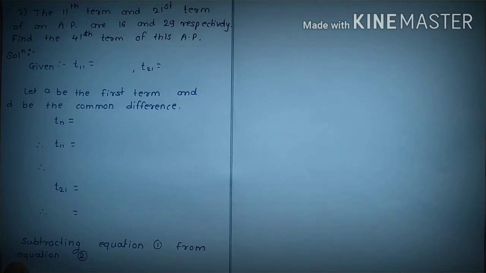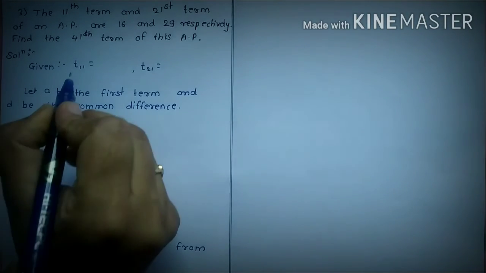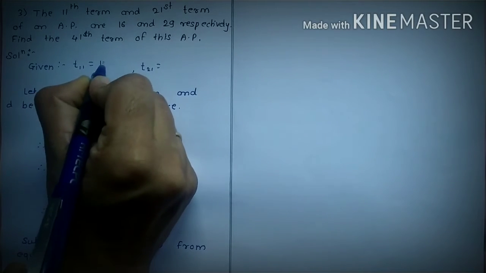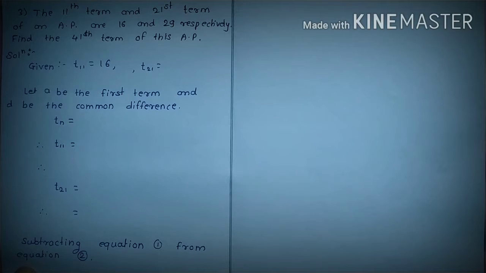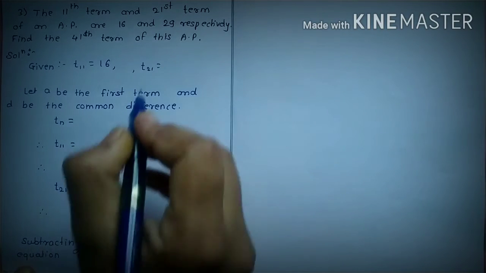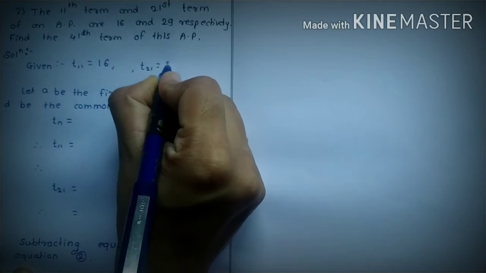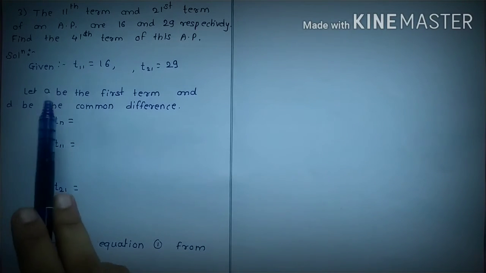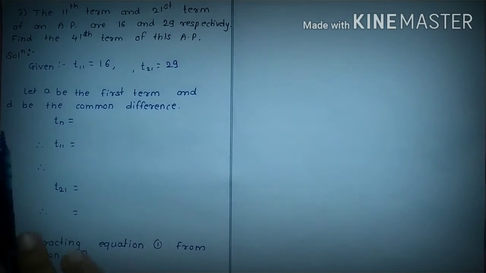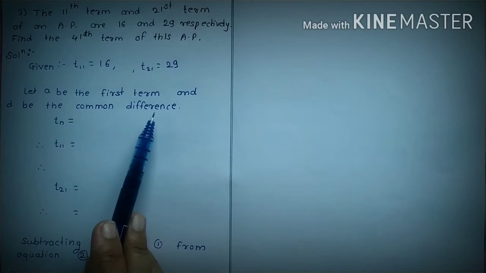So let's see the solution. First write down the given terms. T11 is 16. Then the 21st term is given, that means T21 equal to 29. Let A be the first term and D be the common difference.